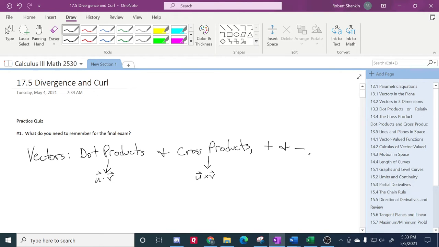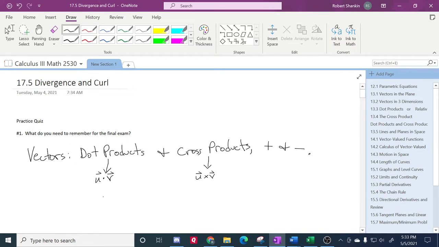So let me give everybody just a brief minute to ponder that for themselves. Okay, anybody want to put it in words for us? The dot product tells us what?